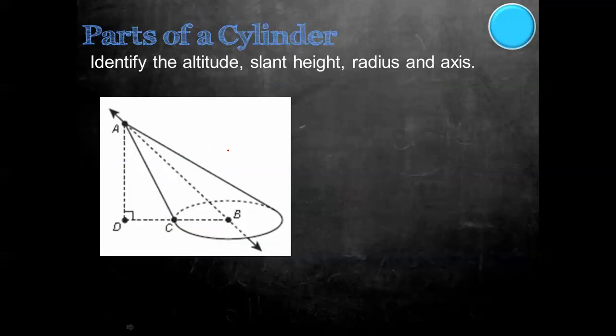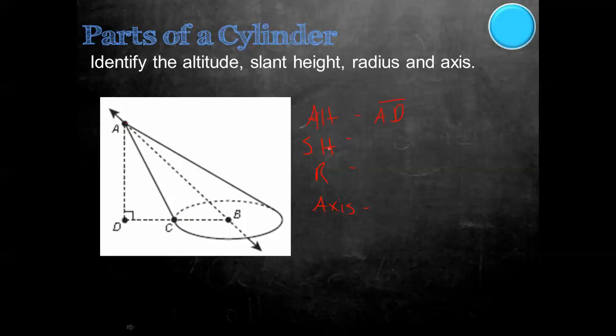So let's label this one right here. We want to label the altitude, the slant height, the radius, and the axis. The altitude is at the vertex and perpendicular to the base. The only line here that's at the vertex and is perpendicular to the base is line AD. So that's your altitude.